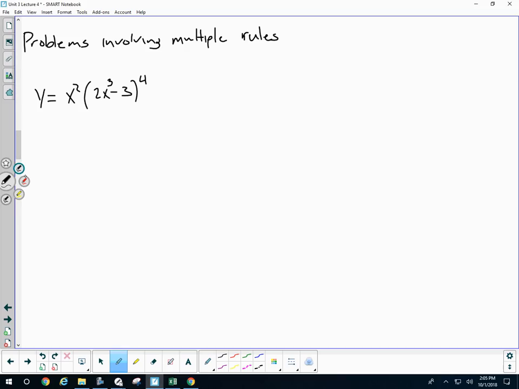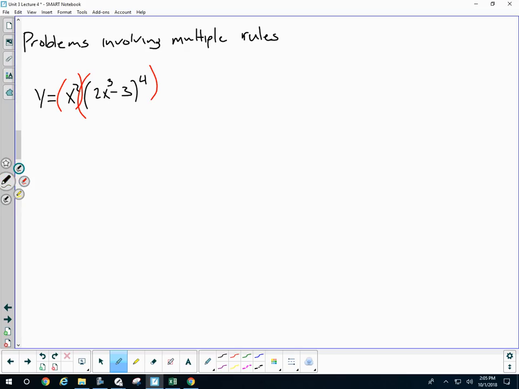What I would first notice is that we have a function times another function, which means I need to utilize the product rule. However, when I take the derivative of the second piece, that is when I need to use the chain rule.